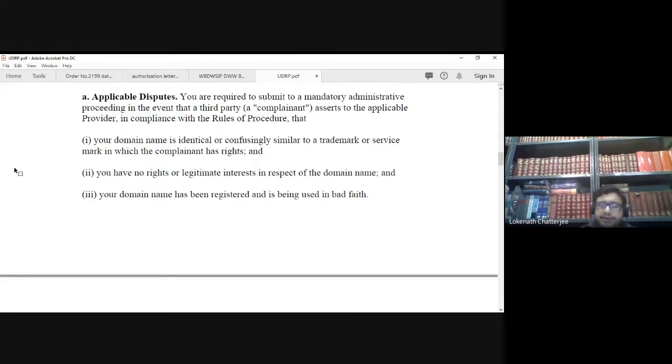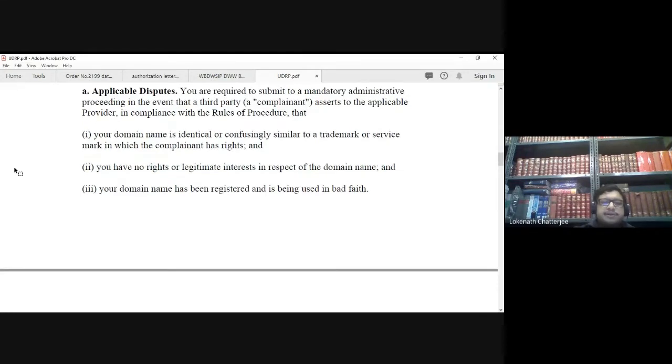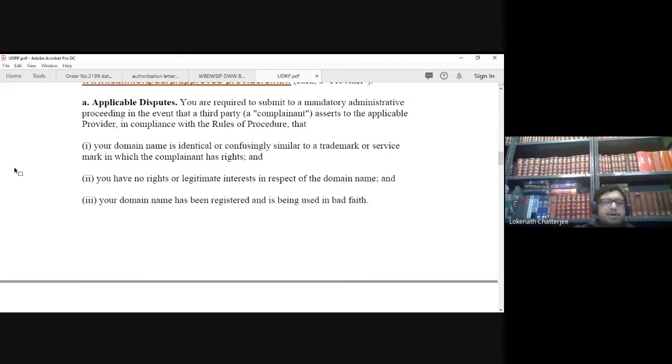So all these conditions have to be satisfied. Now first condition is the domain name is identical or confusingly similar to a trademark or service mark in which the complainant has rights. So the domain name has to be similar.